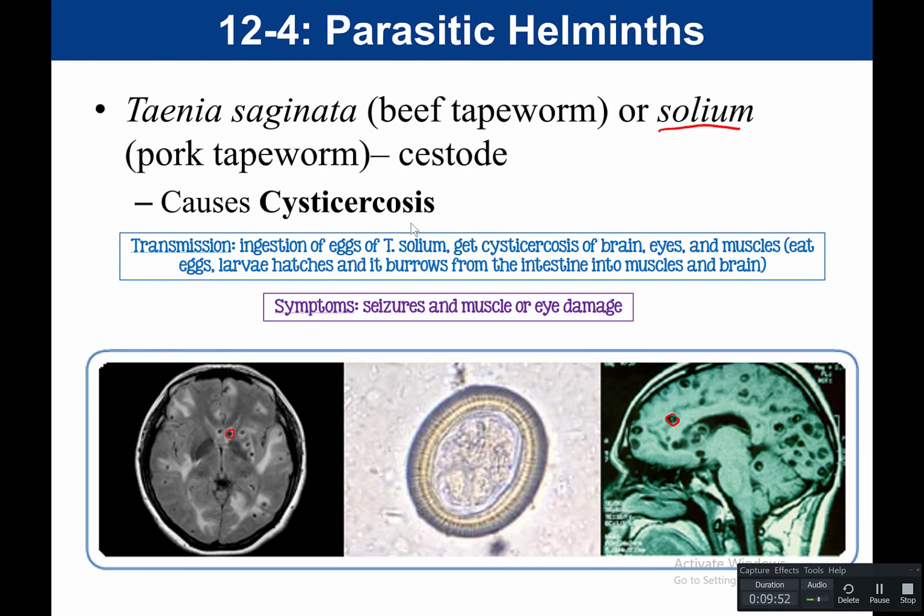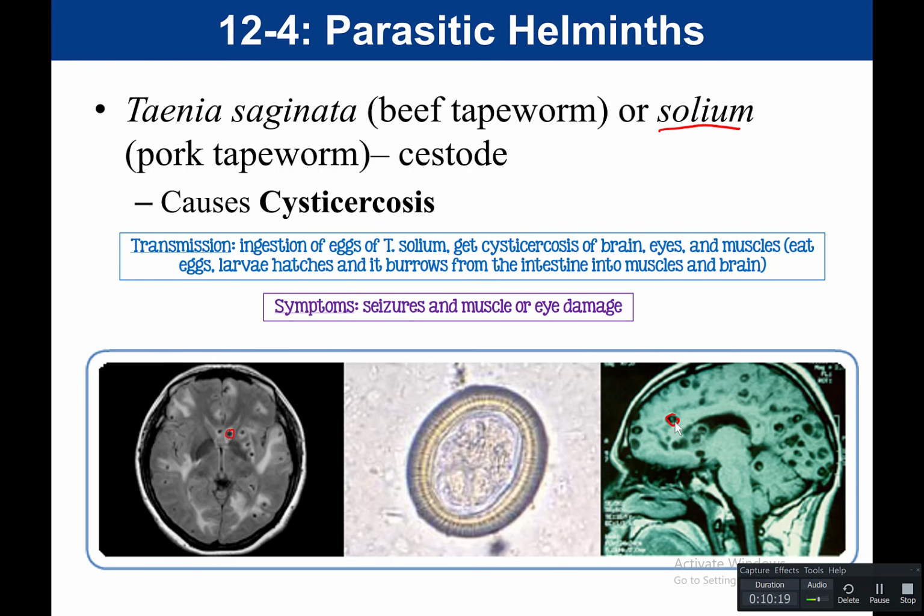And when you ingest the eggs, you end up with the larval form in the brain, the eyes, and the muscles. And so when that larval tissue gets in the brain, for example, you're going to end up with these little larval worms inside the brain. And so you want to know that the symptoms of cysticercosis are seizures and muscle or eye damage.